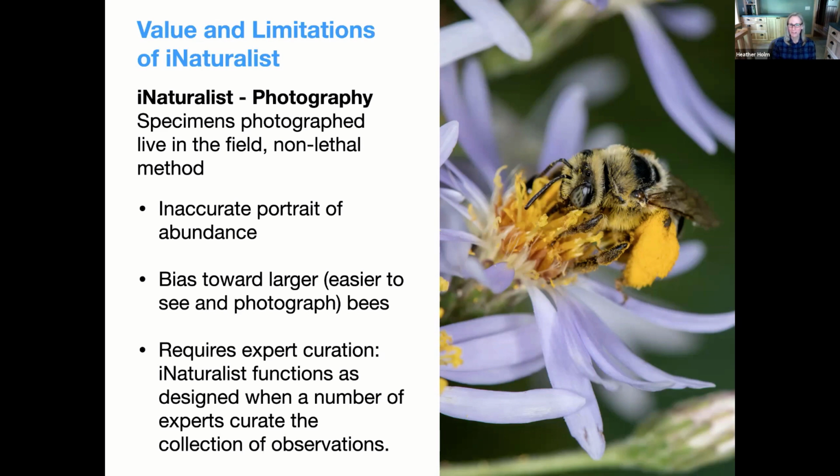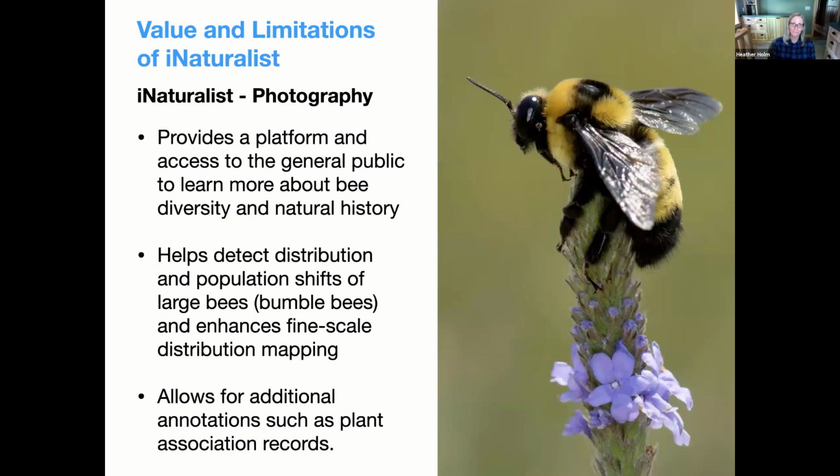And one of the limitations, of course, is if we don't have experts weighing in on all of these observations being added to iNaturalist, then those observations are not getting sorted. So they're sitting out there, possibly being identified incorrectly.